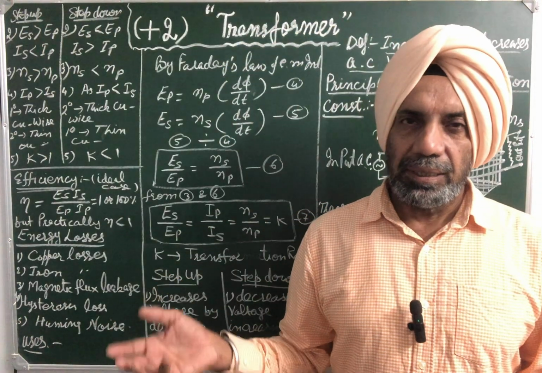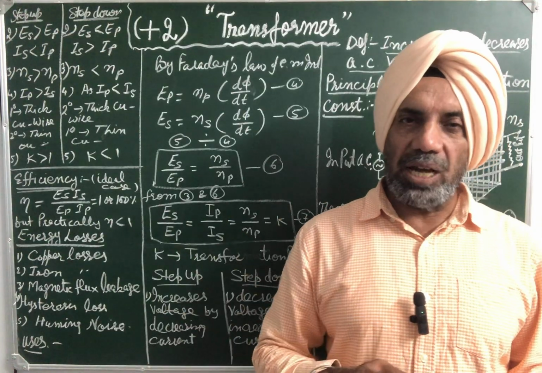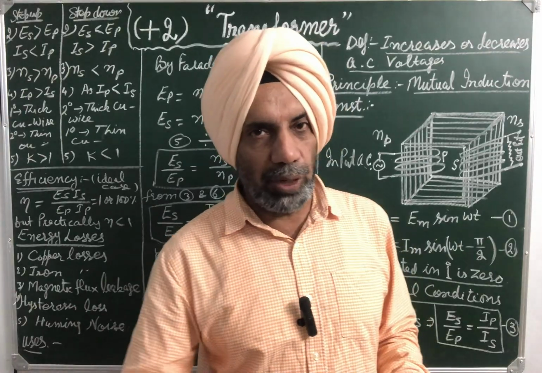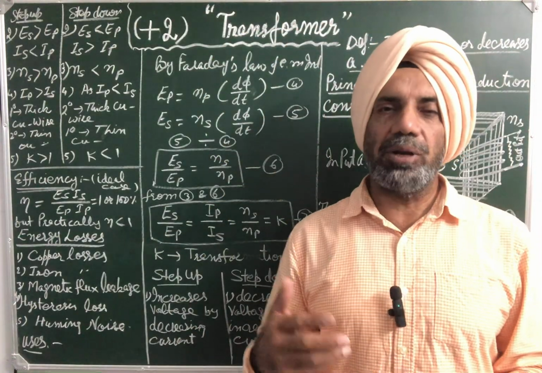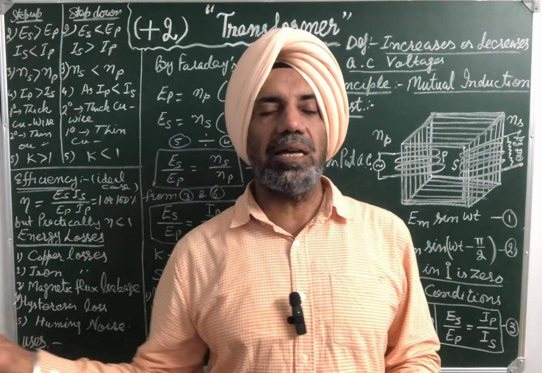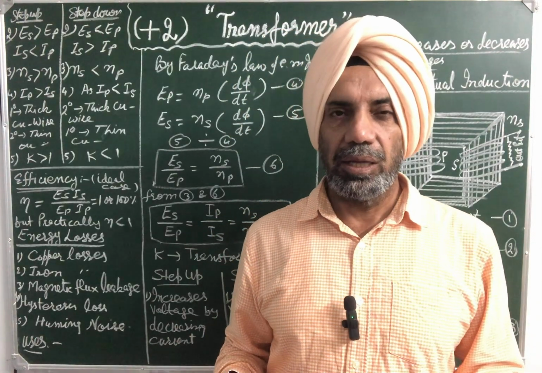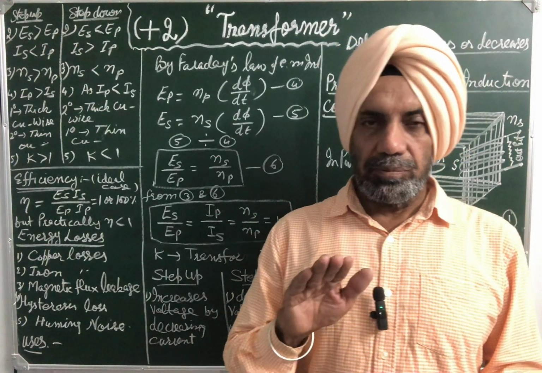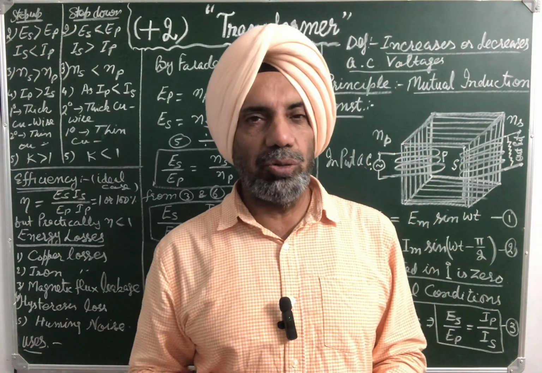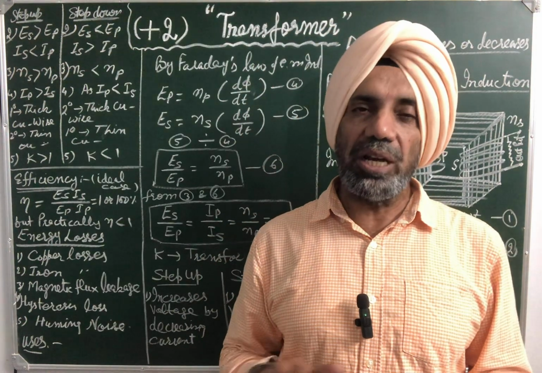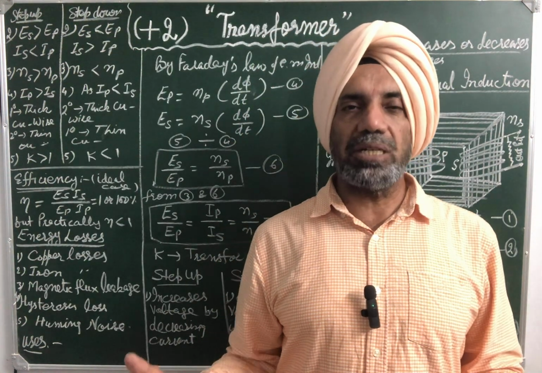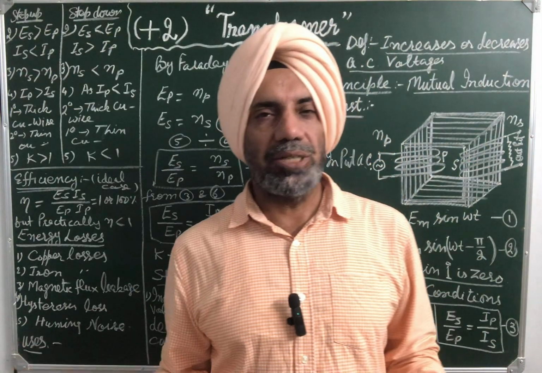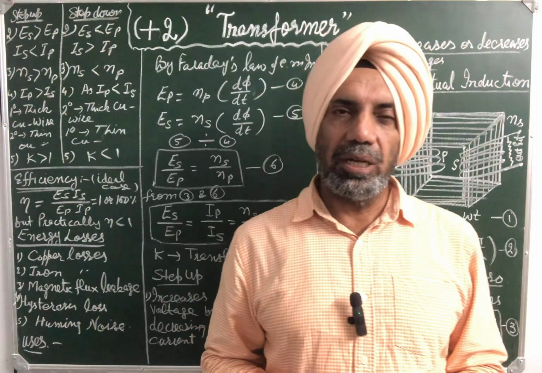But if we do not use a transformer, more current has to pass through the wires, more heat will be produced, and most of the energy will be lost by the time we reach the receiving station. Number two, it also reduces cost of installation. Thick wires will be costly; when we step up, ordinary thin wires will be sufficient for transmission.